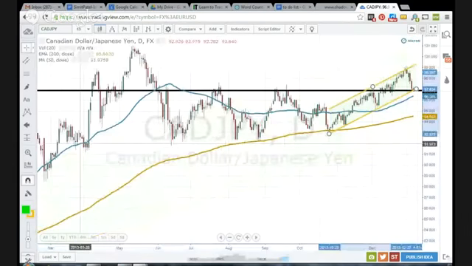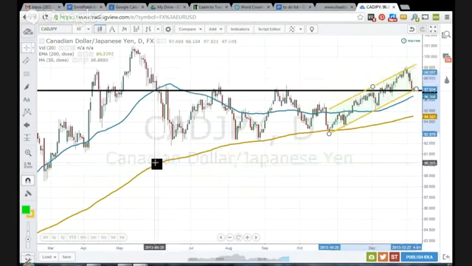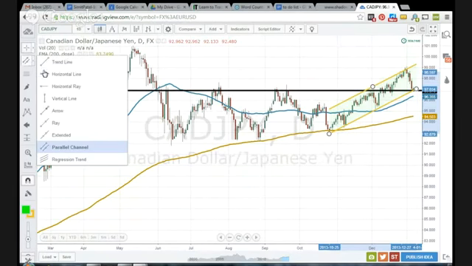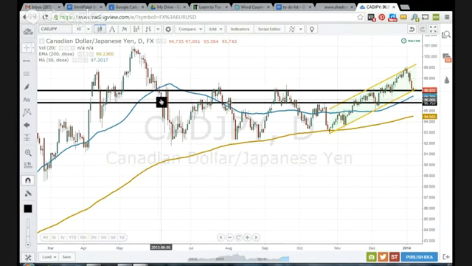Okay, back to the daily. Enter at the black line, which is 96.90 something. 96.90, in fact. And in terms of where the stop will be placed, maybe here.